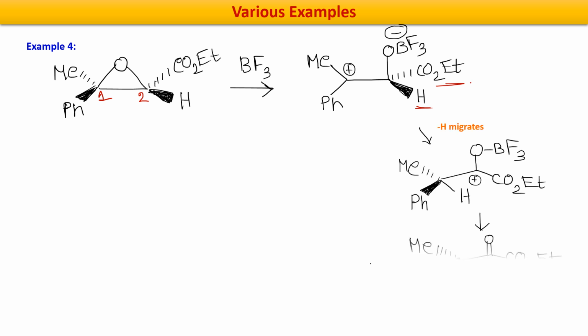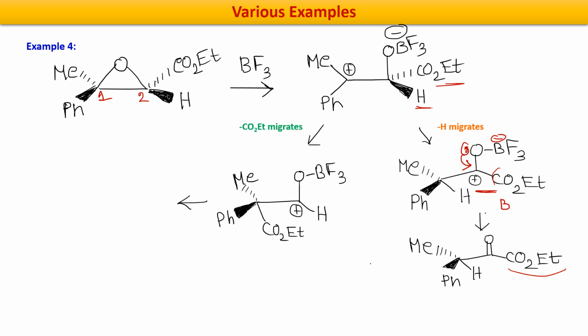See, first we will check if hydrogen is migrating, what is happening. So if hydrogen is migrating, you are getting this new carbocation, and ultimately there will be a C=O, the Lewis acid will be removed, and CO2Et will be retained, right? But see, suppose this is carbocation B, and we will see the other carbocation which you are getting by the migration of CO2Et.